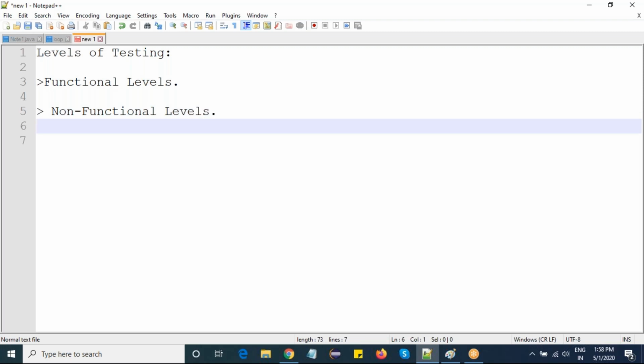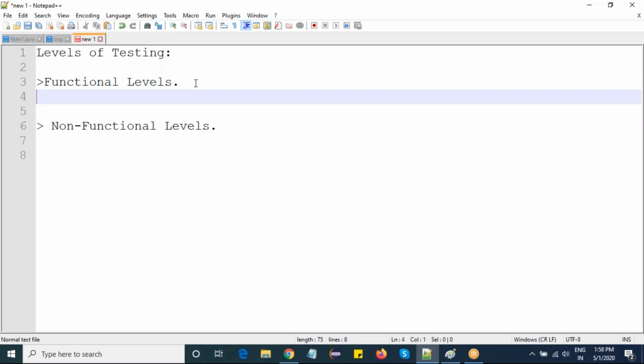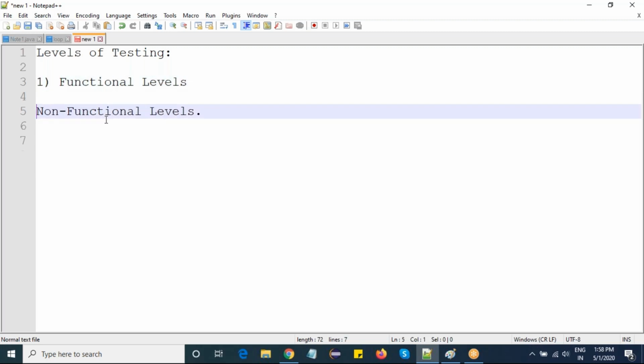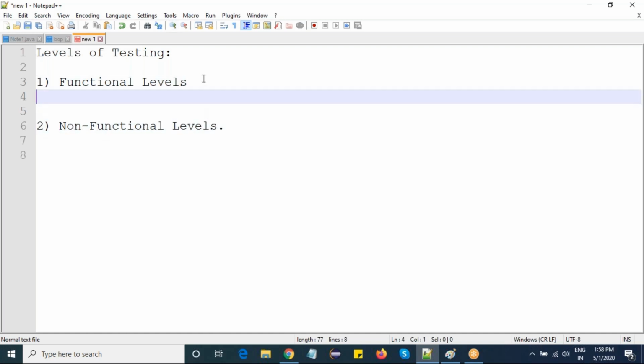So what are the functional levels? Functional levels deal with the functional requirements of the customer, something like user-friendly applications and the backend process.